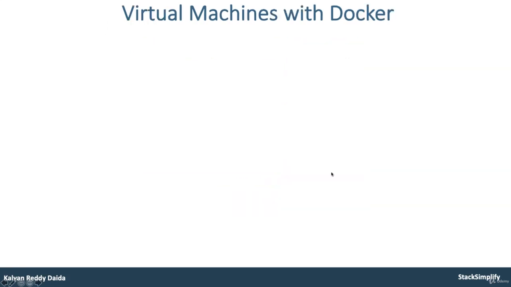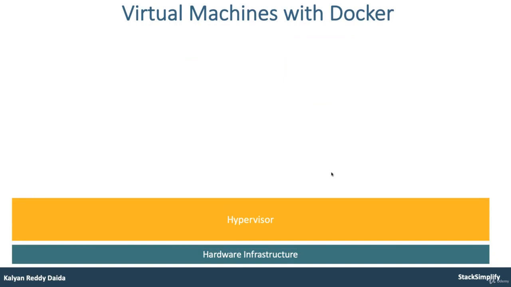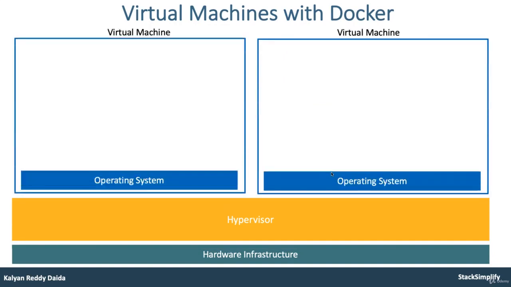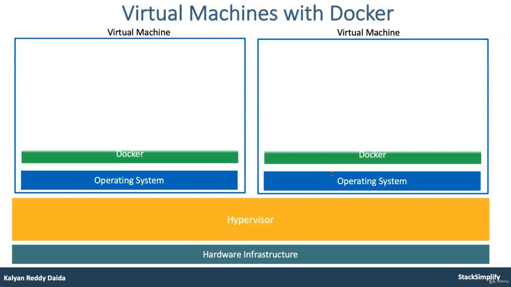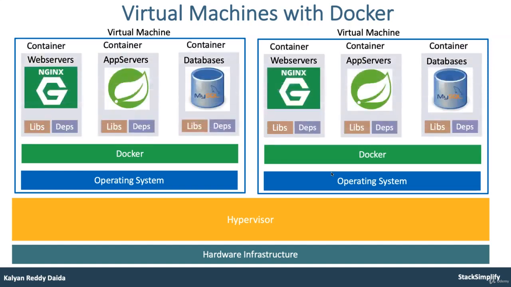In the same way, with virtual machines and Docker, we have the hardware infrastructure, we have the hypervisor, and on that we have the operating system for that virtual machine, and then we install Docker, and from there we deploy our Docker images as containers on them. So we can run multiple Docker containers in a single virtual machine, based on the memory and CPU limits we have.